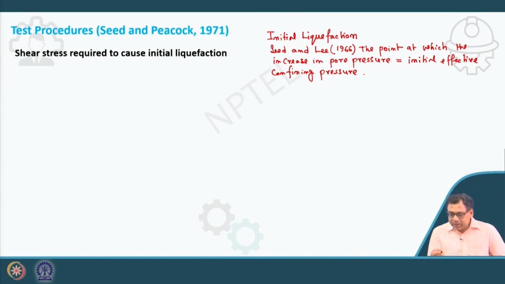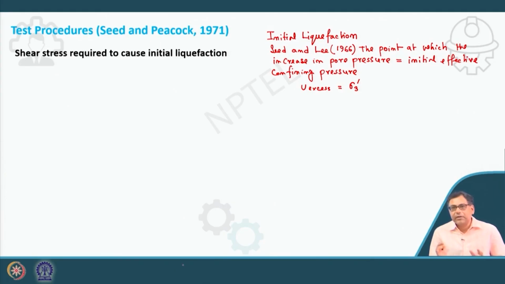Now, how can we rate that? As you know, during the seismic loading, your pore water pressure increases. The pore water pressure increases because of this rapid seismic loading and the undrained condition. So now when this increased pore water pressure is equal to the initial effective confining pressure, then that condition is called the initial liquefaction. I can write that if your u excess is equal to sigma 3 bar.